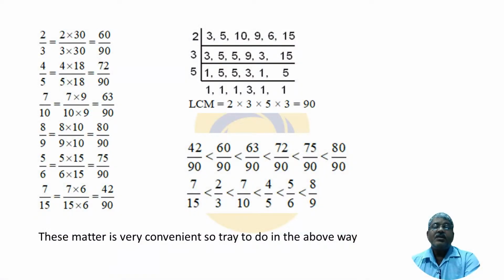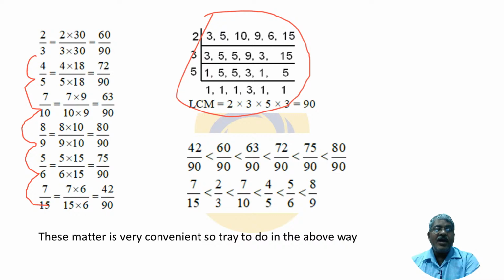So, how to change? First, you take the LCM of the denominators. The denominators are 3, 5, 10, 9 and 15.